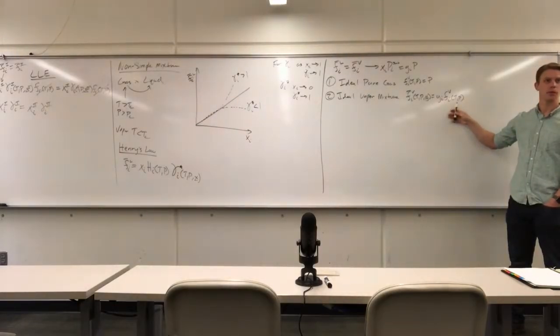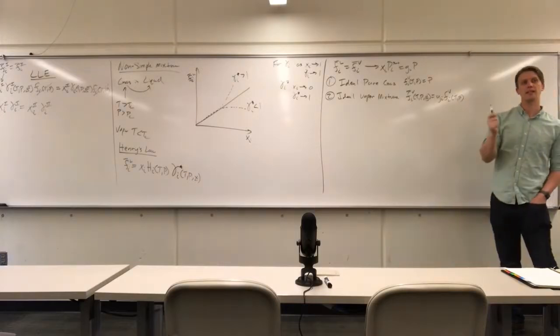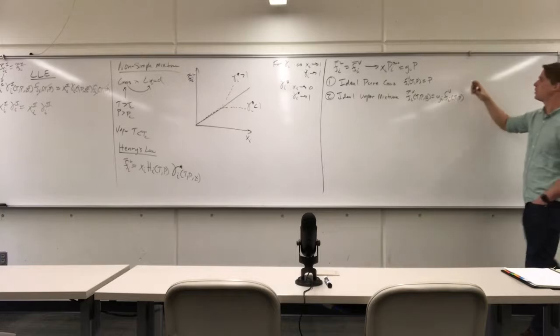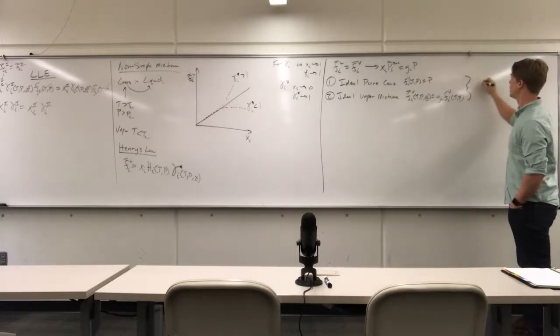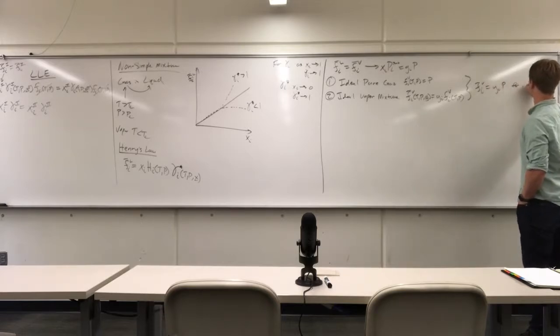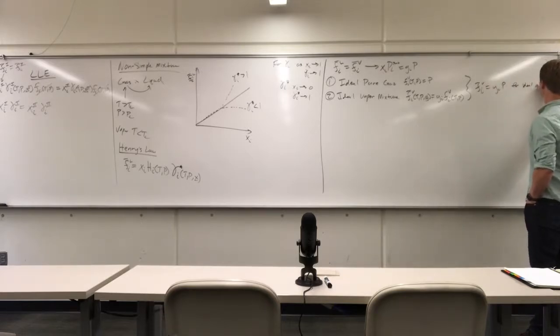You don't have to use both of these assumptions. If you say it's an ideal gas, then you will put these together and get the partial fugacity in the vapor for an ideal gas mixture.